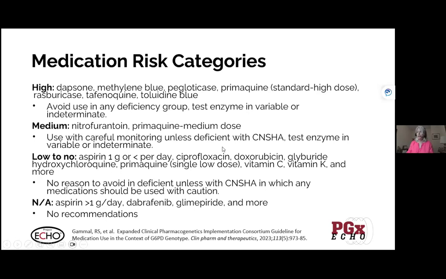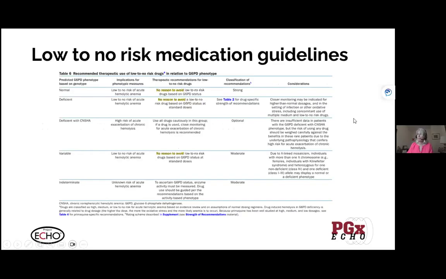In mediums, you do want to use careful monitoring and test the enzymes in those whose status you're uncertain of, like variable or indeterminate. And with high, you do want to avoid use in patients with G6PD deficiency. And that is just the guideline there, with no reason to avoid in the low to no risk medication category.